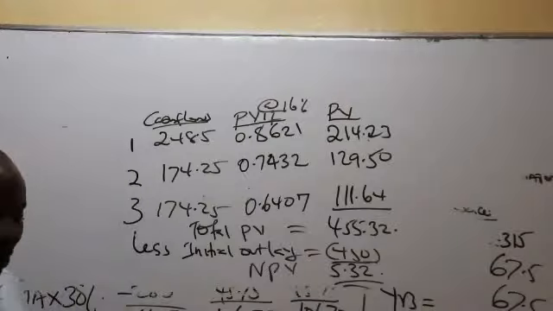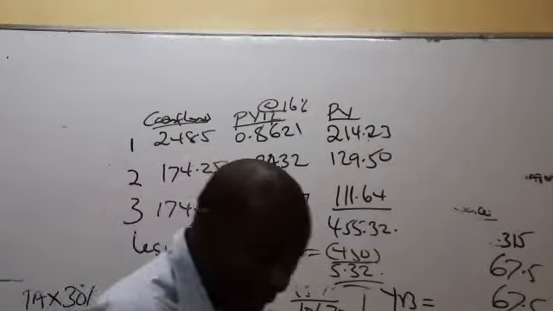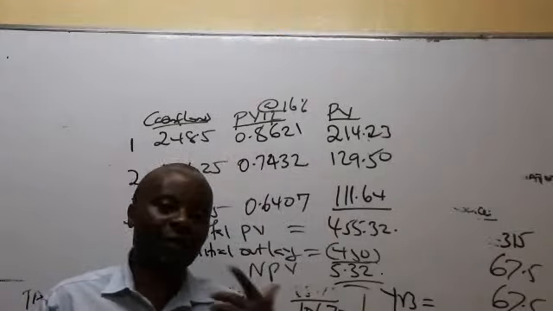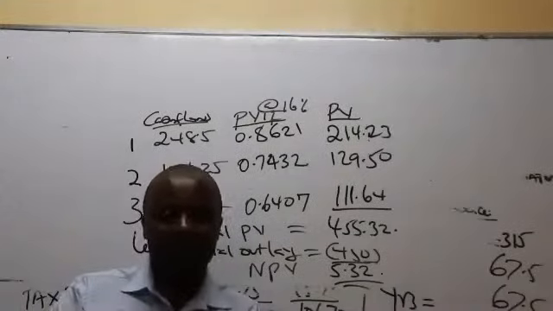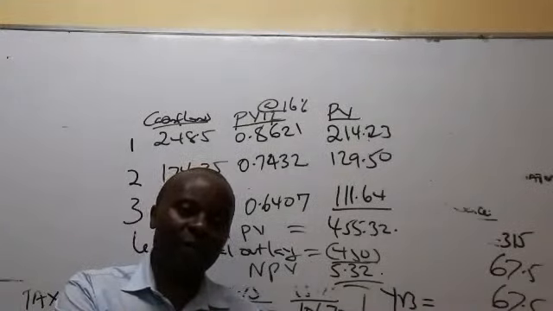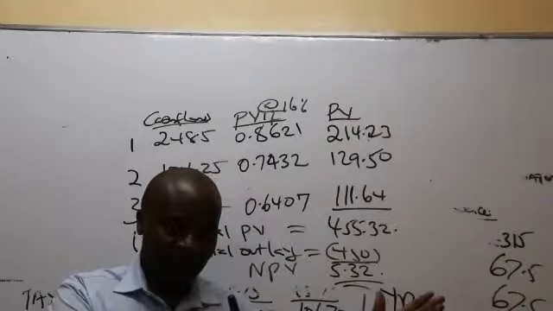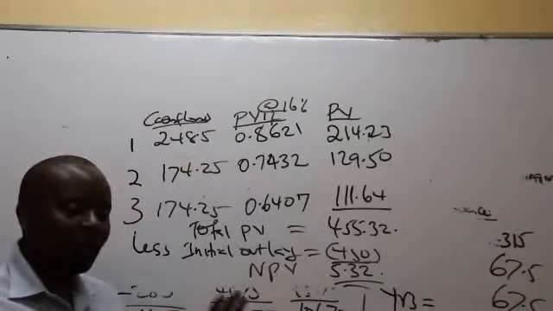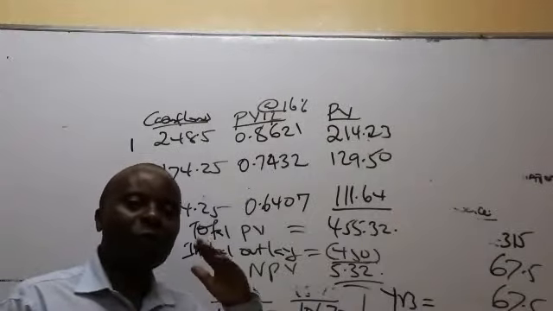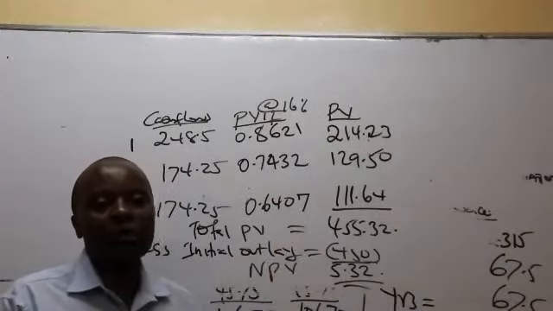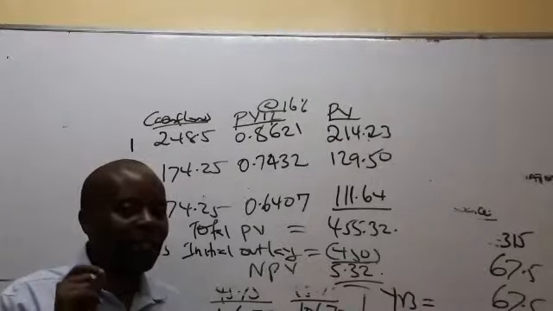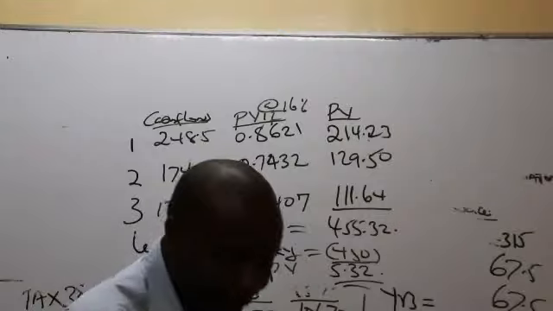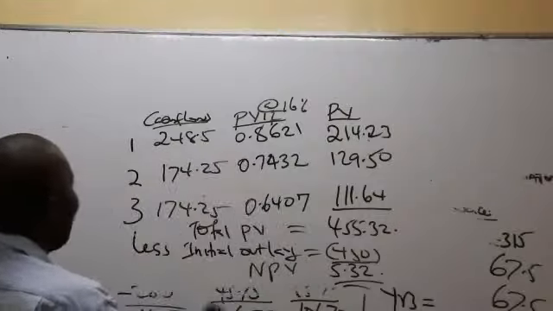Now, ladies and gentlemen, having gotten that, remember when we began, for those of you who came in quite early, we said that this APV is quite similar to Modigliani and Miller 2: value of a levered firm equals value of unlevered plus debt times tax. So the value I've gotten here is like the value of the unlevered firm. Now you need to go to the other side of the coin and ask yourselves, how about financing? How are we financing this money?